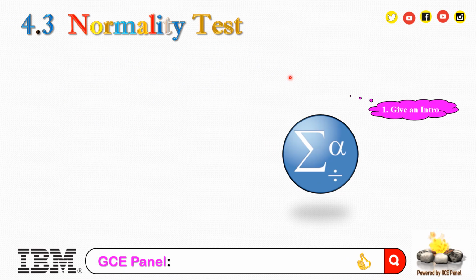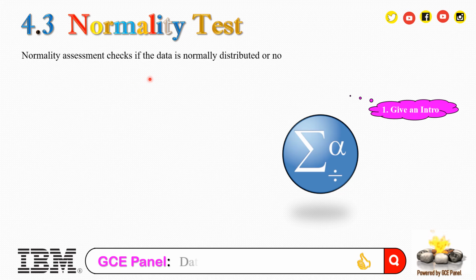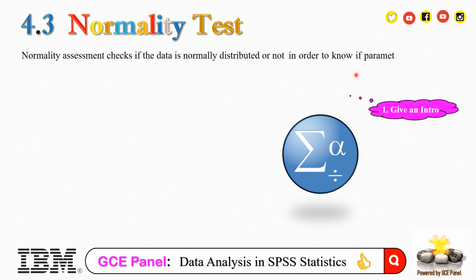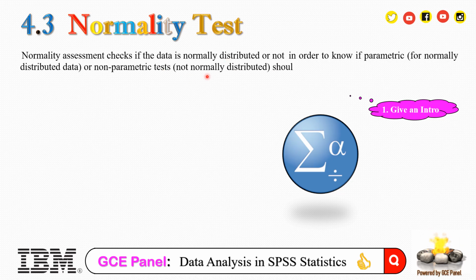In carrying out a normality test, the first thing we will do is give an introduction. For example, normality assessment checks if the data is normally distributed or not, in order to know if a parametric test, that is for normally distributed data, or a non-parametric test, that is for non-normally distributed data, should be applied.